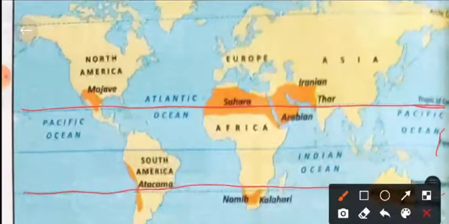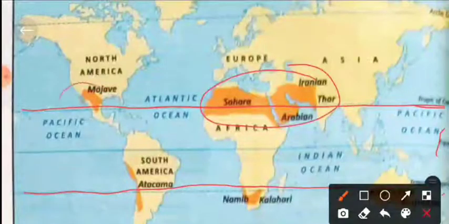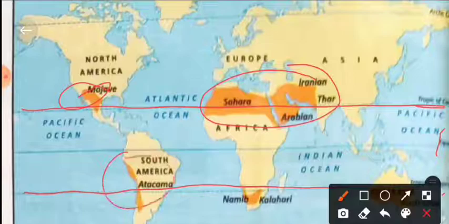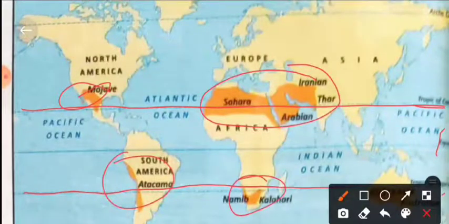As you see here, near the Tropic of Cancer and Tropic of Capricorn, the major part of the deserts are found in this region.